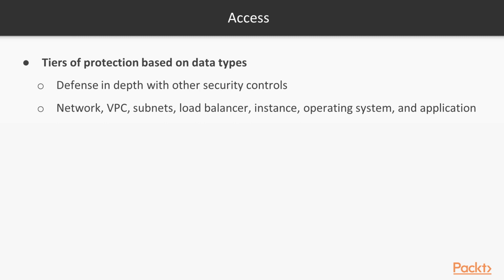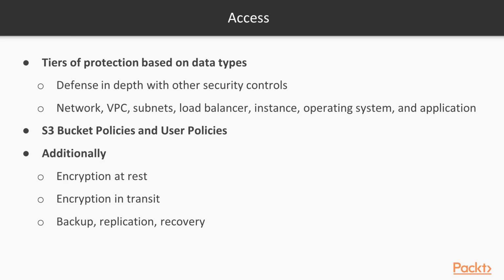Remember, we need to put security in place based on different layers, from the network to the VPC, subnets, the load balancer, the instance itself, the operating system, and the application. And of course, you can apply bucket policies and user policies. Additionally, as we said, in the next sections we will see how to use AWS services to apply encryption at rest and also encryption in transit. And finally, we will see another section about backup, replication, and recovery.